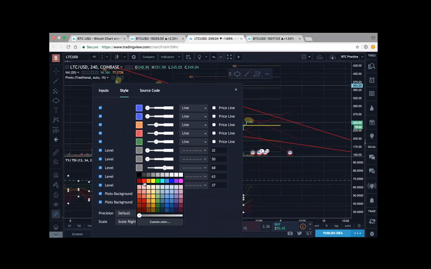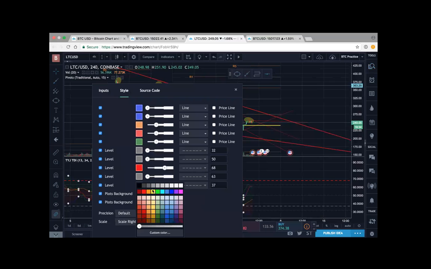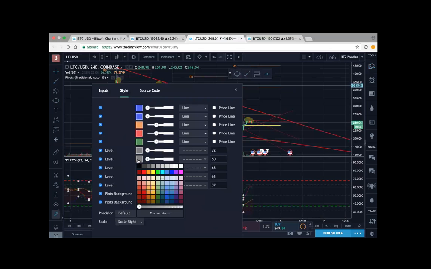I'll make this one red, and 37 is down here. I'm going to make this one lime green, and then we've got the 50 level.